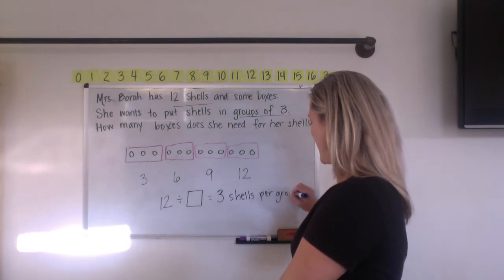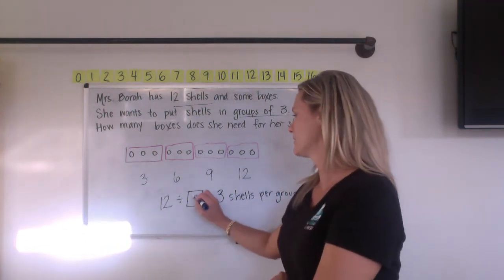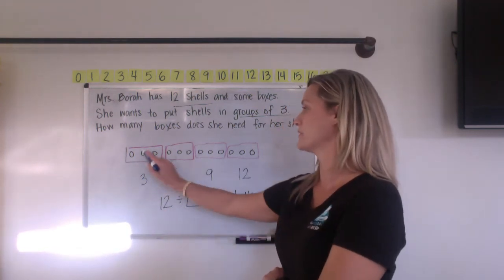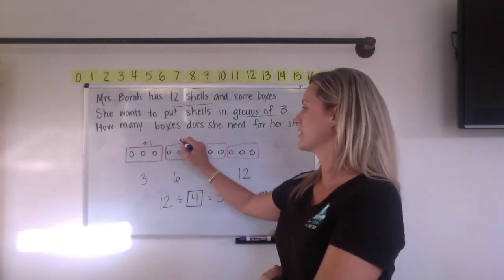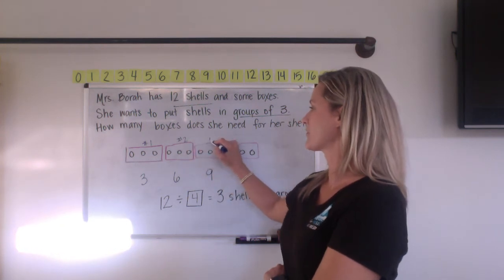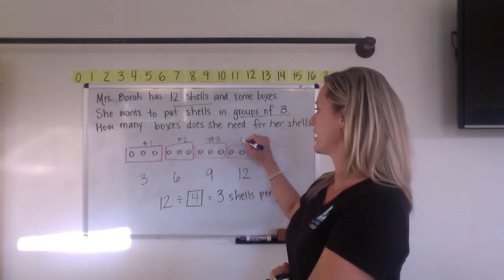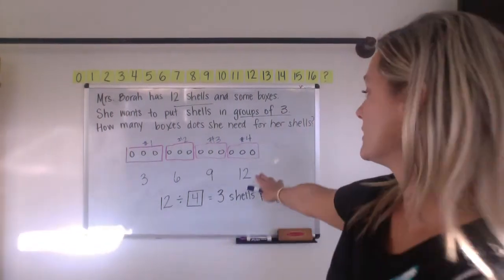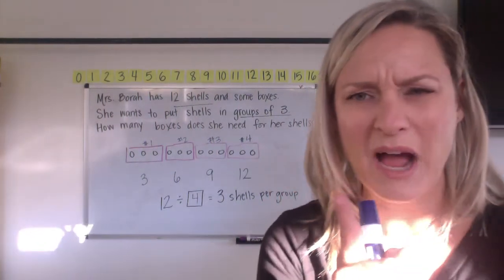Would that match our story here? And we know 12 shells divided by 4 groups. We've got group number 1, group number 2, group number 3, and group number 4. So we had to figure out that we needed 4 boxes. Okay, so that would work.